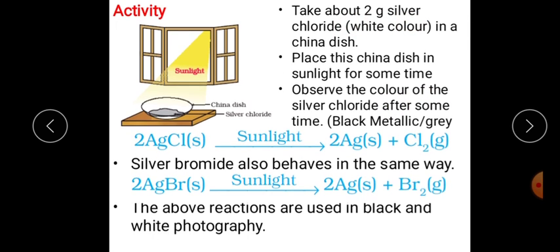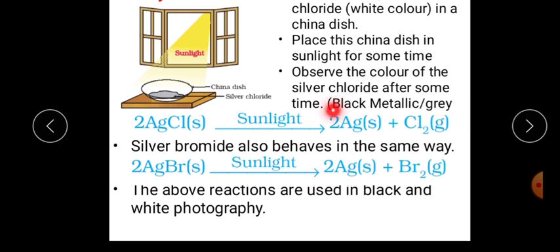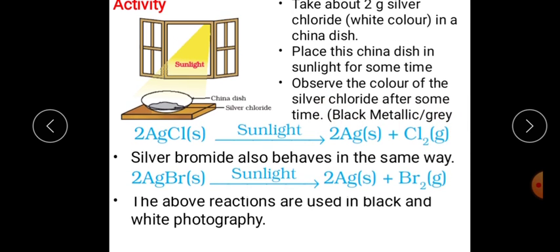Initially it is white; it will change to metallic black or gray. This is the reaction: 2AgCl, that is silver chloride, in the presence of sunlight changes into black metallic or gray silver.